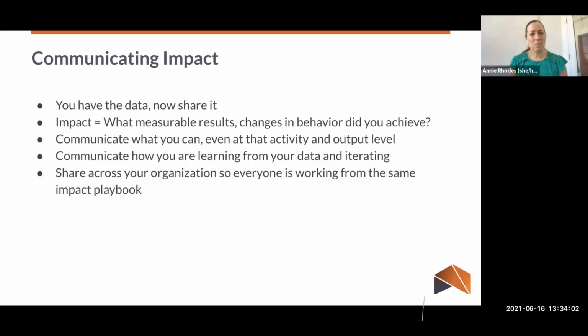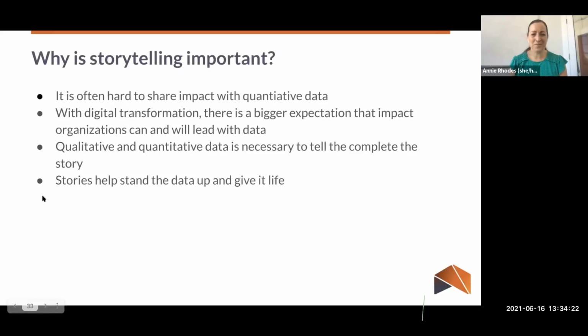The reason why this is important is the consistency. Is the board telling the same story? Is your operations team telling the same story to who you're hiring? Are your fundraising and programs team telling the same story? It's an imperative that you work from that same playbook.